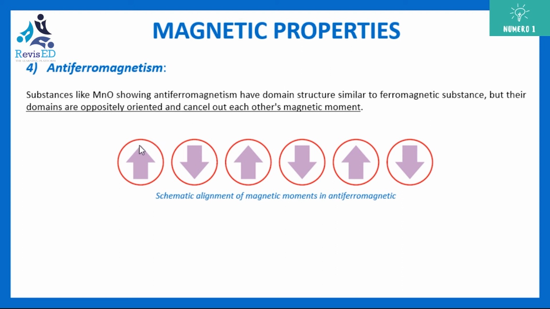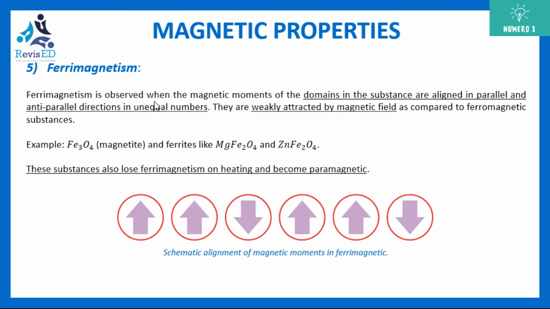Then if these domains are arranged in unequal numbers, that substance is a ferrimagnetic substance. Ferrimagnetic substances are weakly attracted by magnetic field. You can see here also this is up, up, down, up, up, down. So four are facing upwards and two are facing downwards. So here the number facing upward is not equal to the number facing downward.